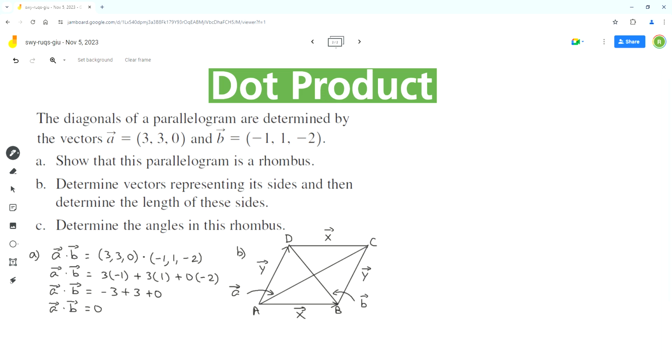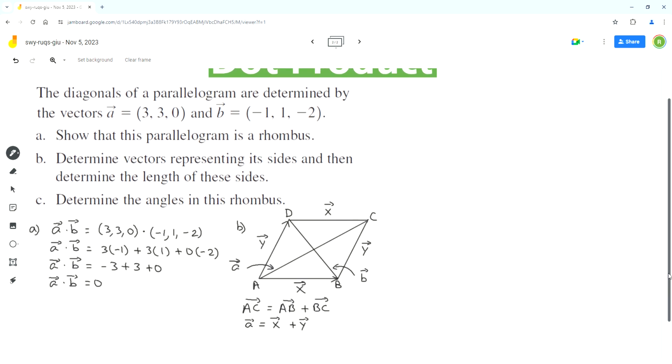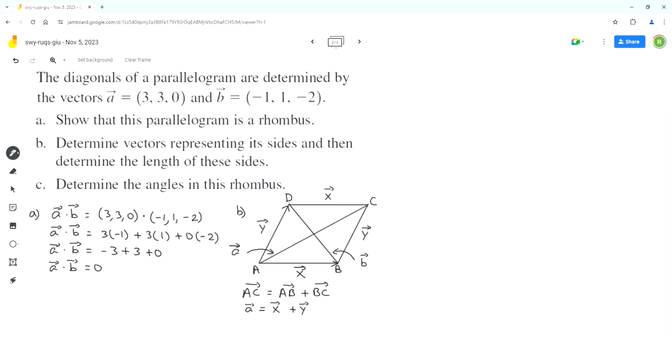We are given vector A, and vector A is from A to C. An alternate way to go from A to C is to go from A to B and then from B to C. Vector AC is equal to vector A, vector AB is X, and vector BC is Y. And we are given that vector A is equal to 3, 3, 0.